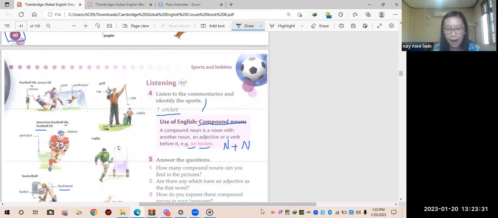Yes. So how about adjective plus noun? This time adjective. Sorry for the handwriting, okay? Because I have to write with a mouse. Adjective plus noun, how about this one?